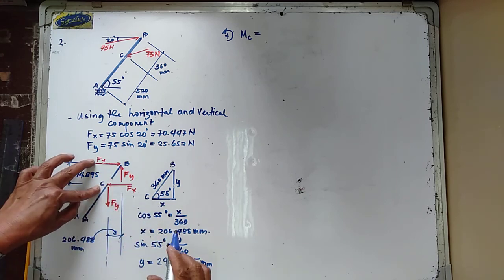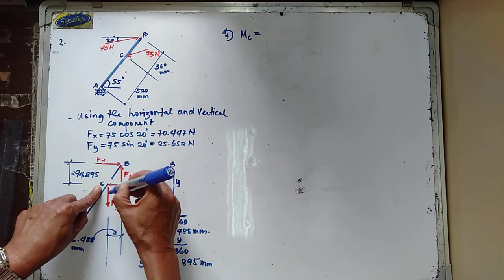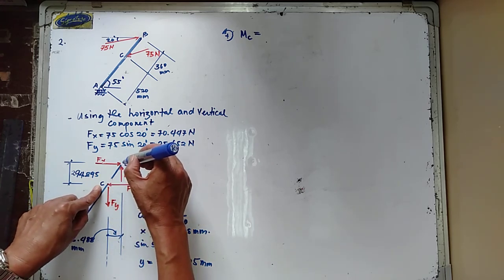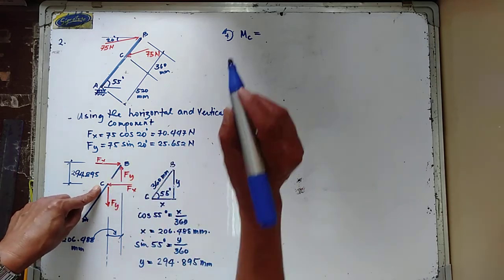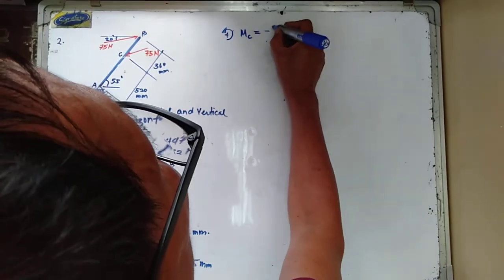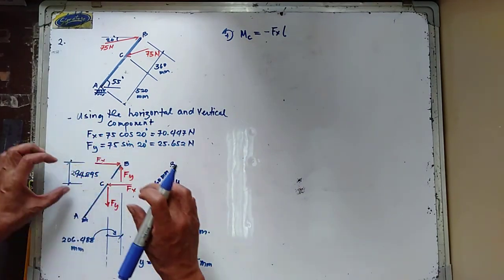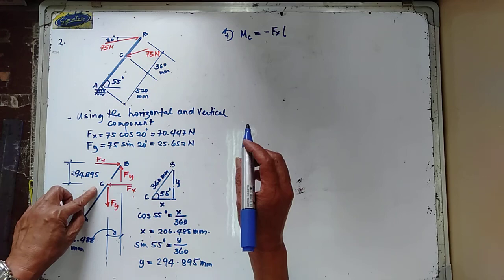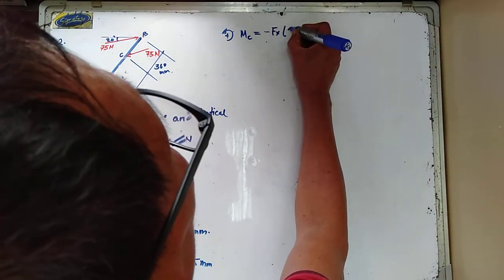So this one, Fx. So this Fx is going clockwise. So this is now going clockwise about point C. So we have minus Fx. And the moment arm is, that is now 294.895.